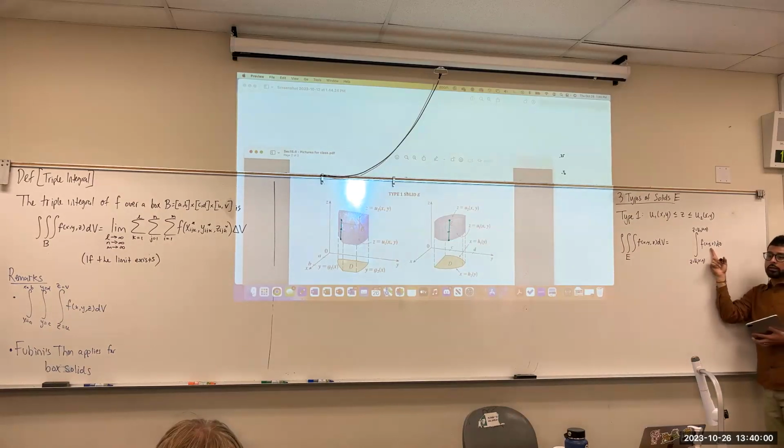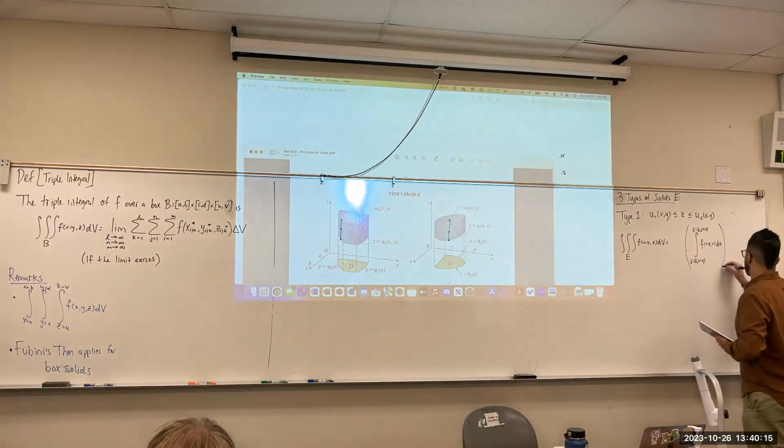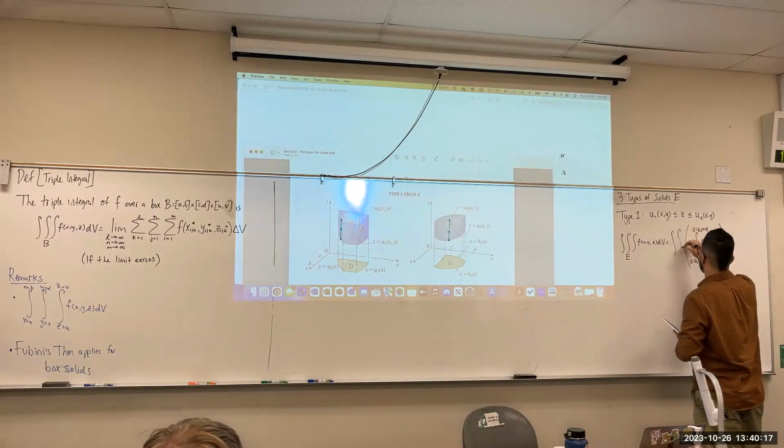You're going to integrate this function in terms of z. So what's going to become the constant now? x's and y's are now constants when you're integrating with respect to z. Okay? So you do this first, and then you're going to deal with the 2 other ones later.